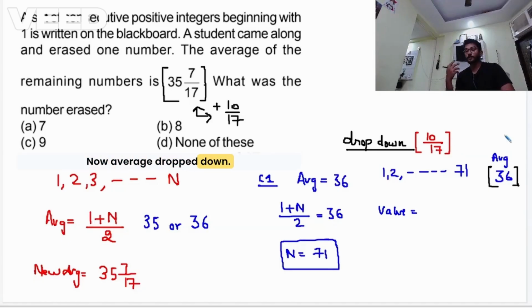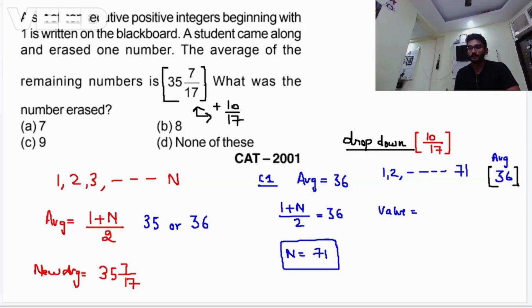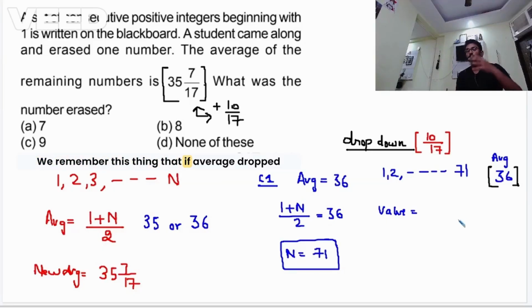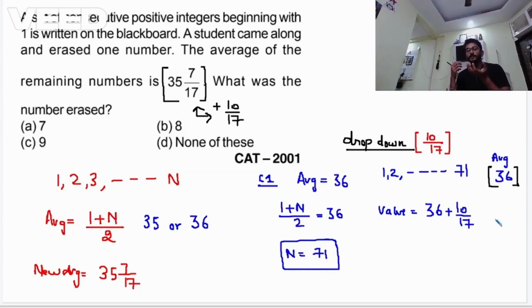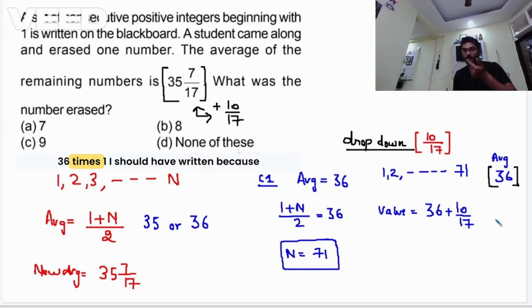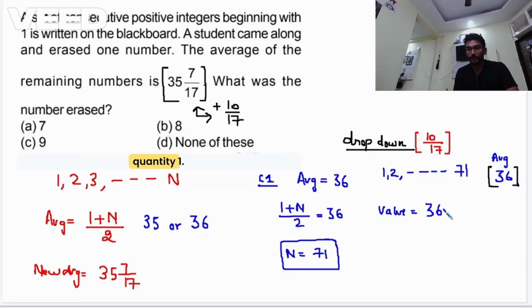Now the average dropped down. If a number is removed and the average dropped down, what we have learned is that the value of that number must be greater than the average. It is 10 by 17, and 36 was the average. 36 times 1, I should have written, because it was the average, and this is the quantity 1.